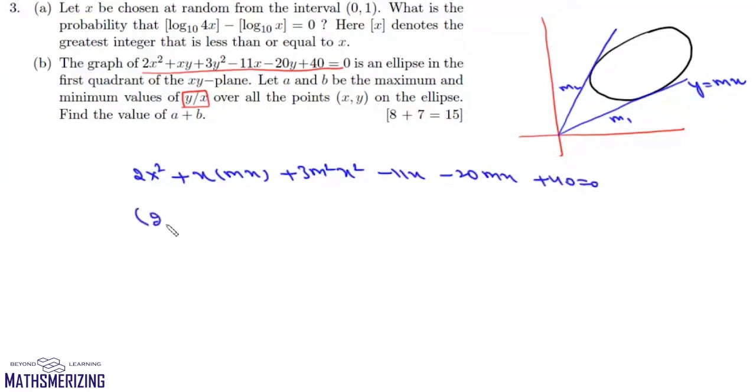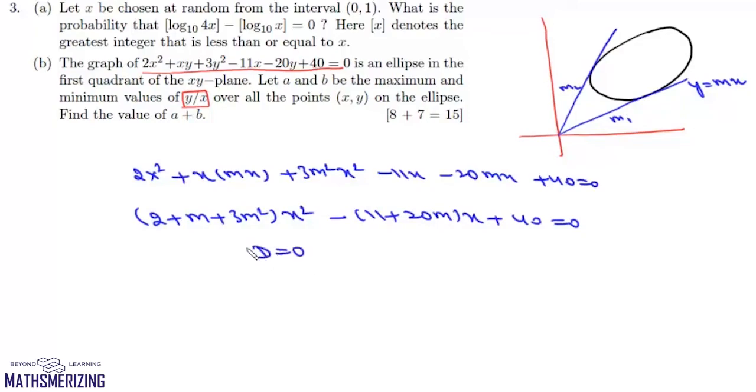We can write (2 plus m plus 3m square) x square minus (11 plus 20m) x plus 40 equals 0, which is a quadratic equation in x. Since these two curves are tangent, this equation should have only one real root. So the condition will be that the discriminant must be equal to 0.